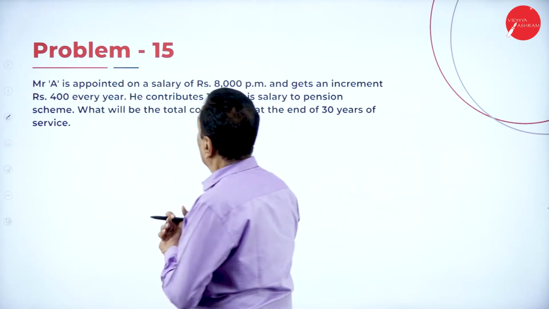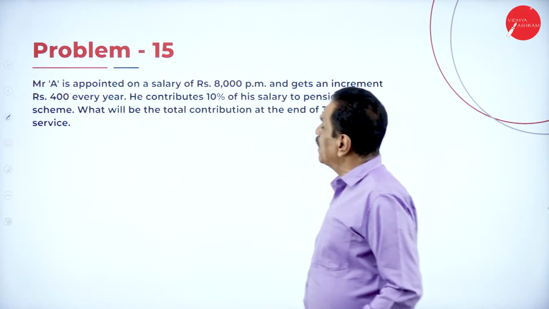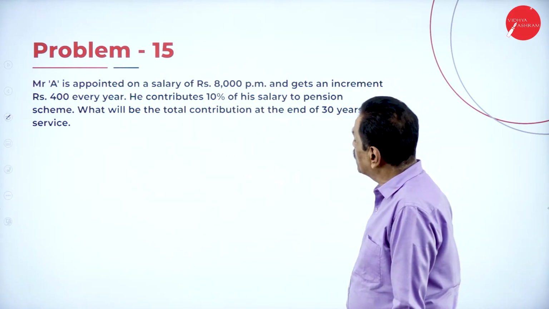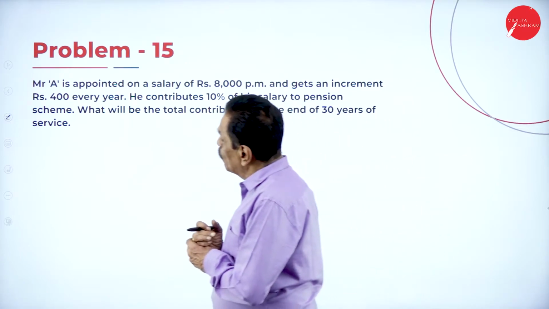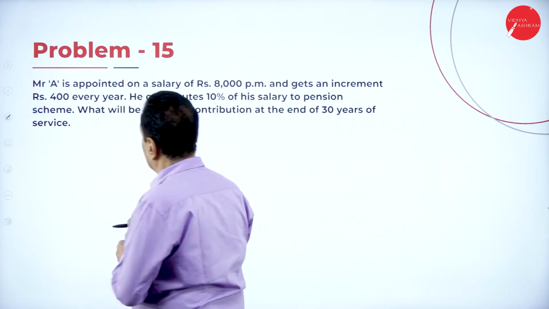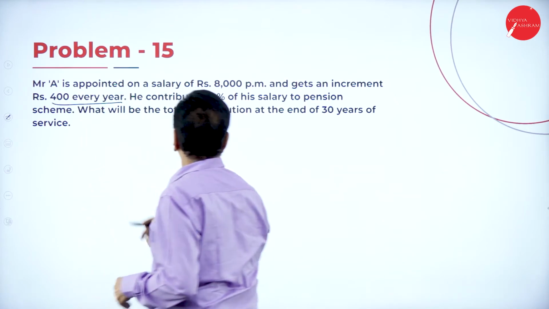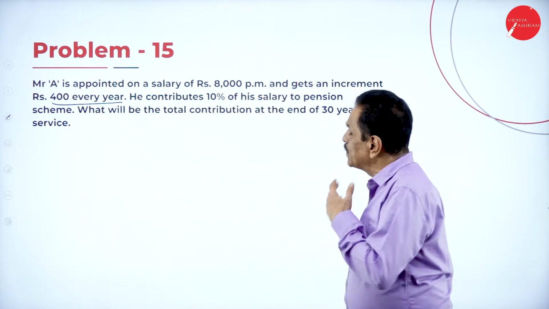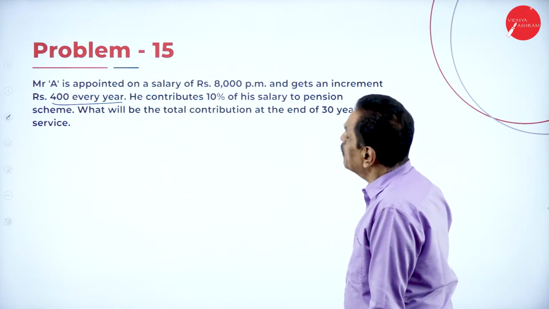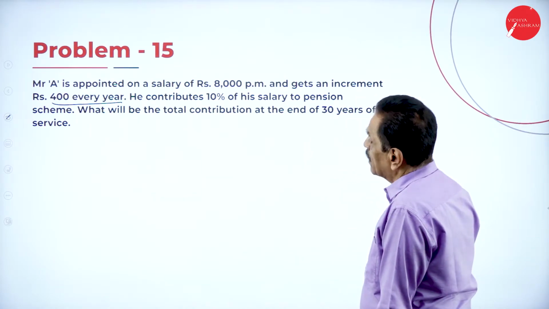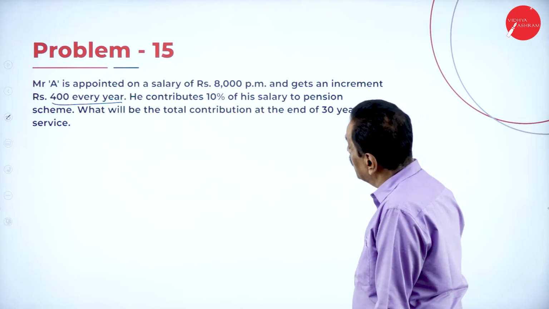Mr. A is appointed on a salary of rupees 8,000 per month and gets an increment of rupees 400 every year. He contributes 10% of his salary to a pension scheme. What will be the total contribution at the end of 30 years?